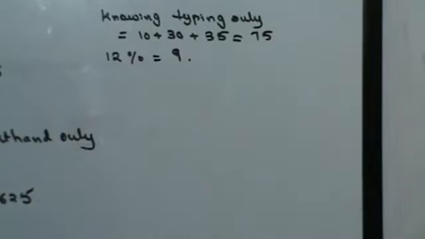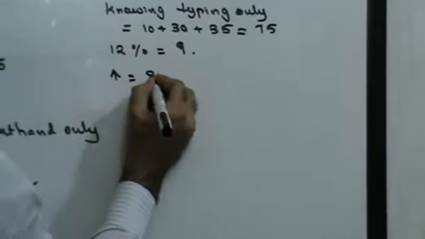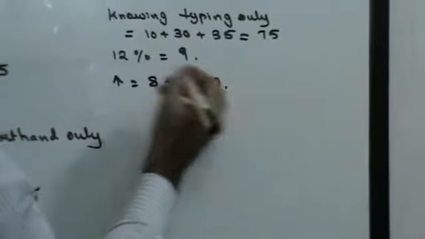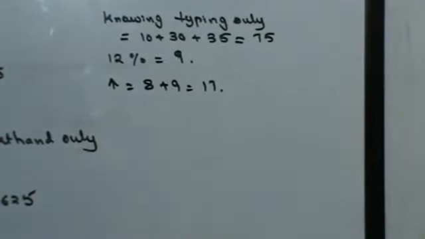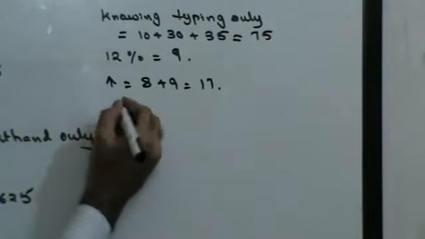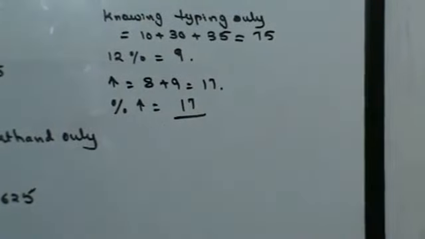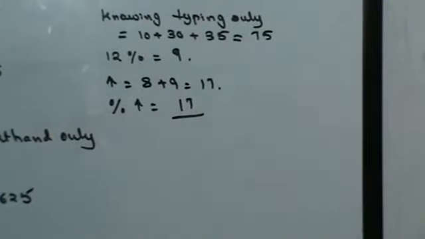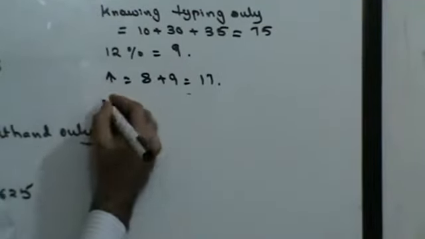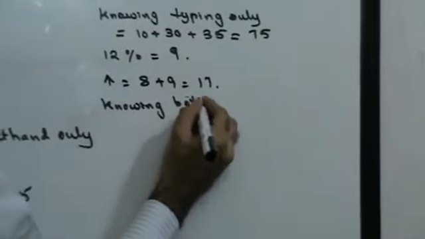Okay. Next. Now, that means the increase is going to be nothing but 8 plus 9, that is 17, right? There are going to be 17 more people. Now, knowing both, wait, before that I'll just find out knowing both.